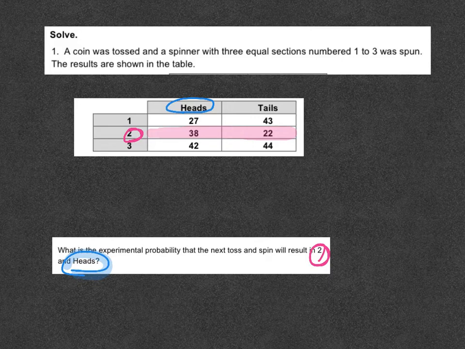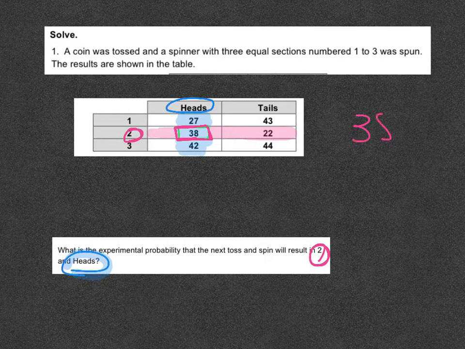I'm going to highlight those numbers going down. And the point where they intersect or cross each other, that is going to be the number that I'm going to use starting out to write my probability.